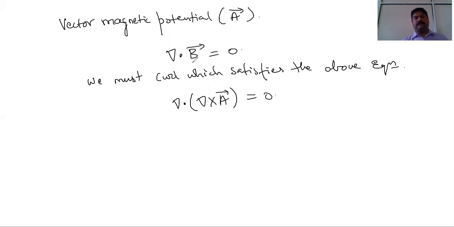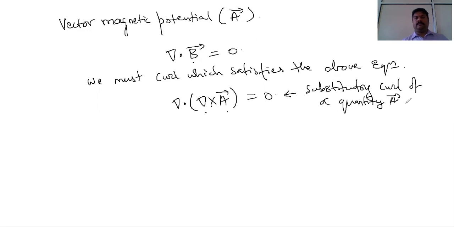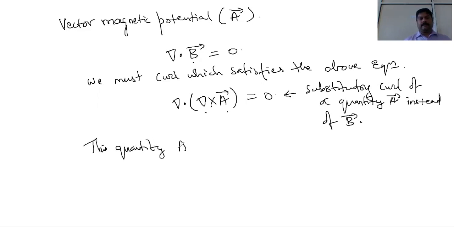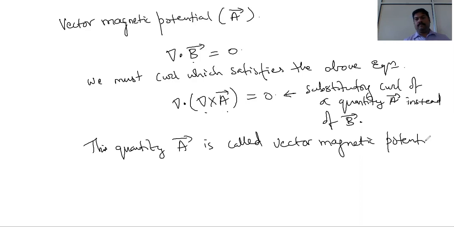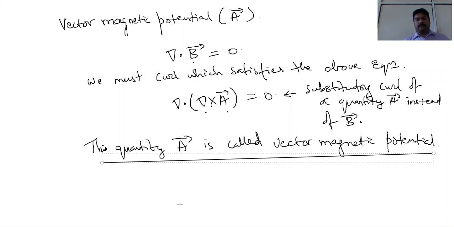Here I am substituting B with the curl of a quantity A, instead of magnetic flux density B. Now this quantity A is called the vector magnetic potential.